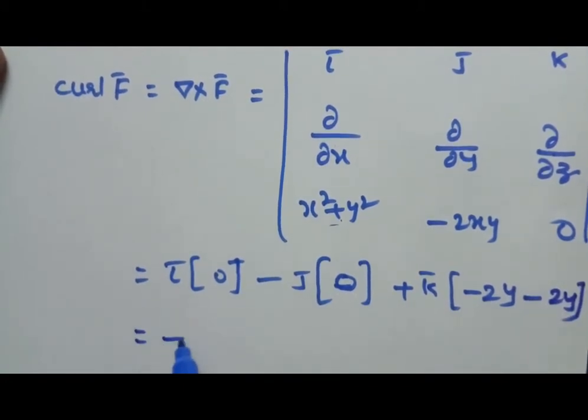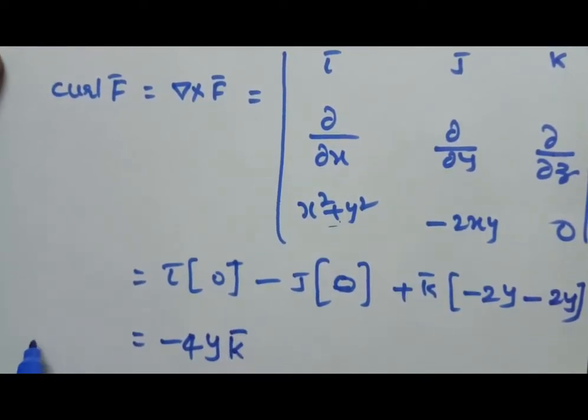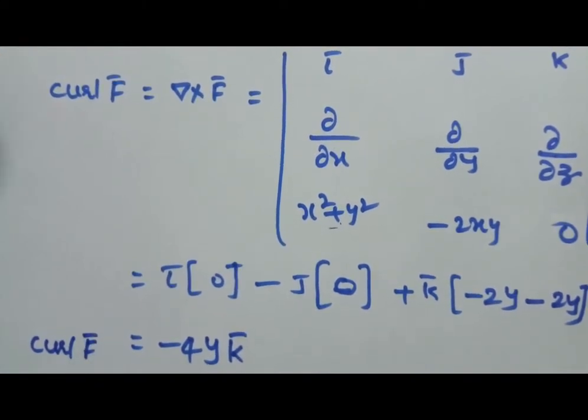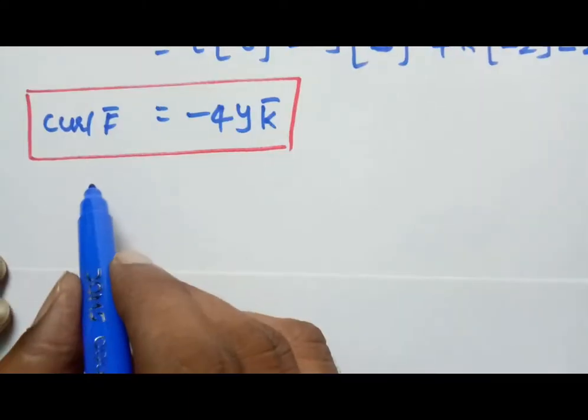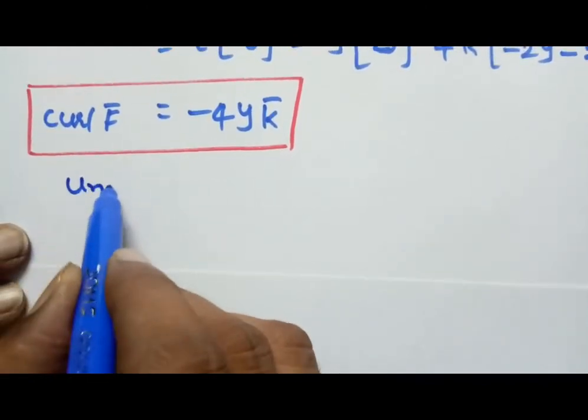Therefore this is equal to minus 4y K bar. This is curl F bar.